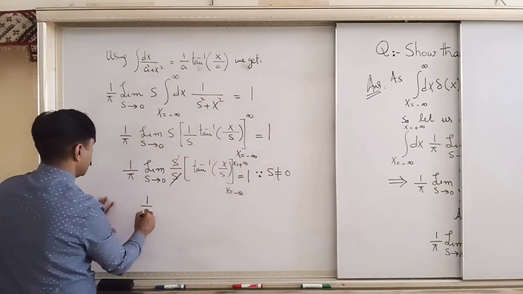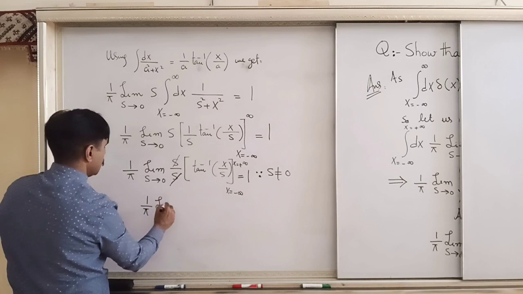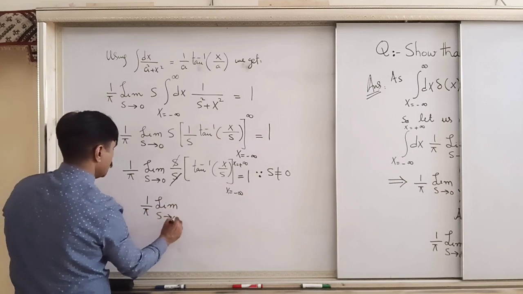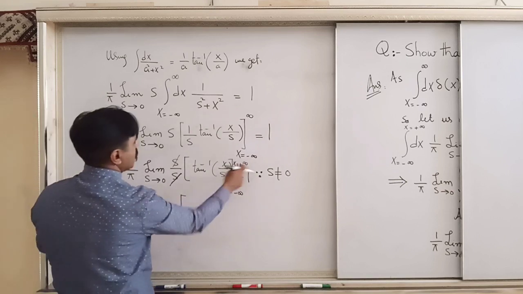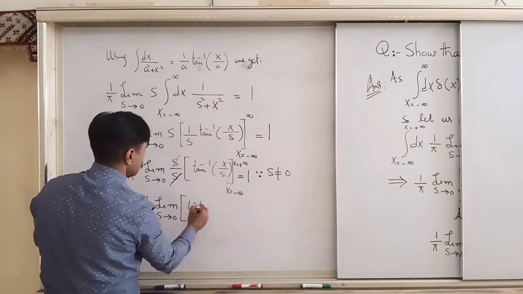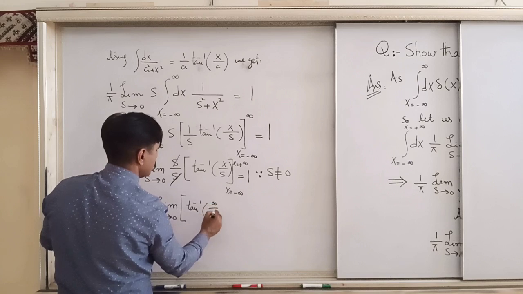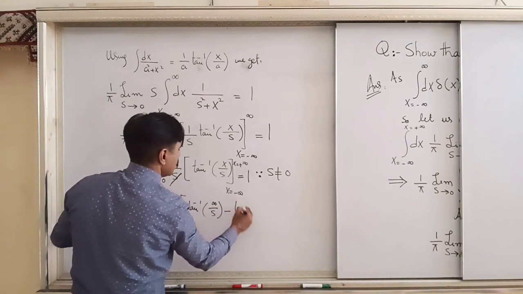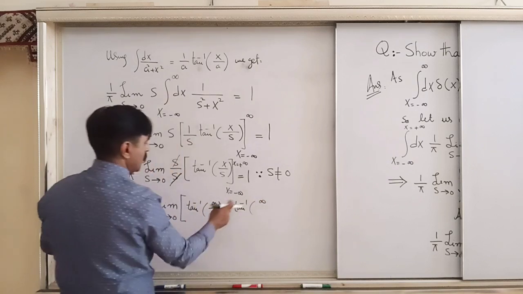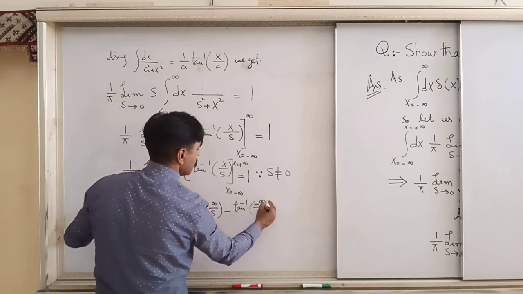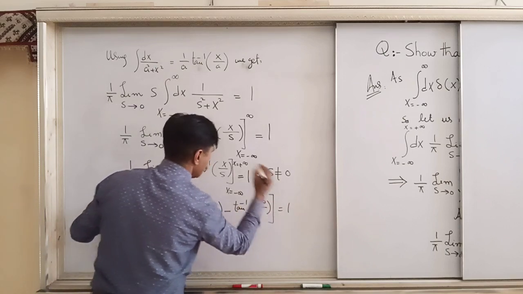Now 1 over pi limit s approaches 0, and apply the limit, tangent inverse infinity over s minus tangent inverse minus infinity over s, and on the right is 1.